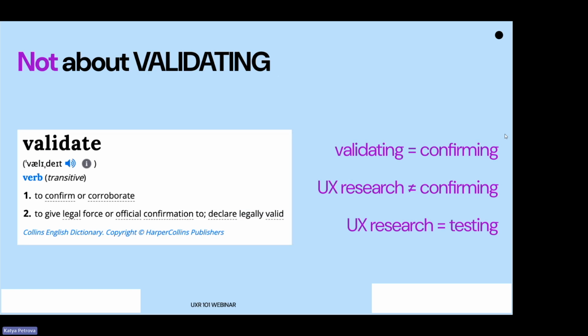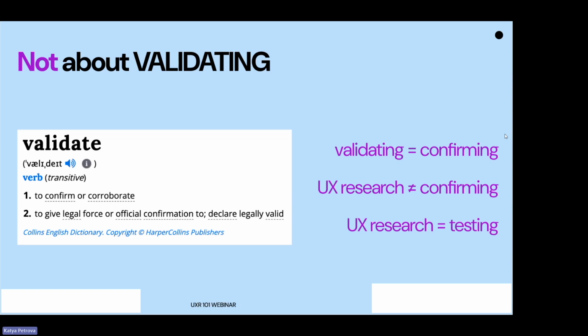Another myth that I wanted to mention is that UX research is not about validating. Validating is a term that I often hear used in UX, and it's great to have common terminology, but it's also great to be aware of bias. Doing research is about being aware of and minimizing bias. We have to also be careful about how we frame what we do.